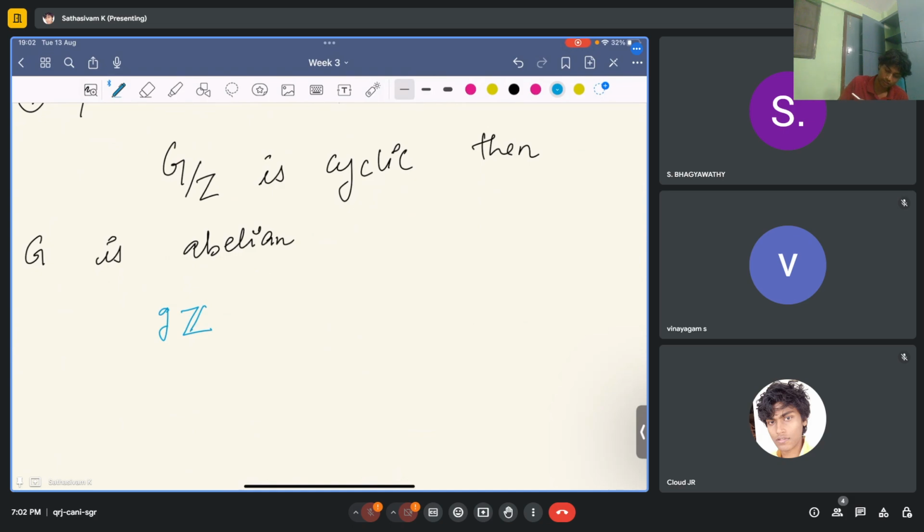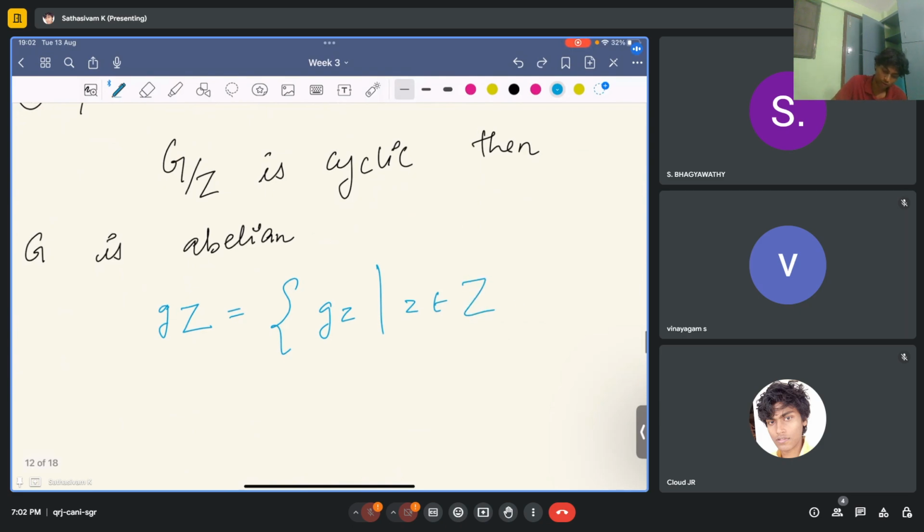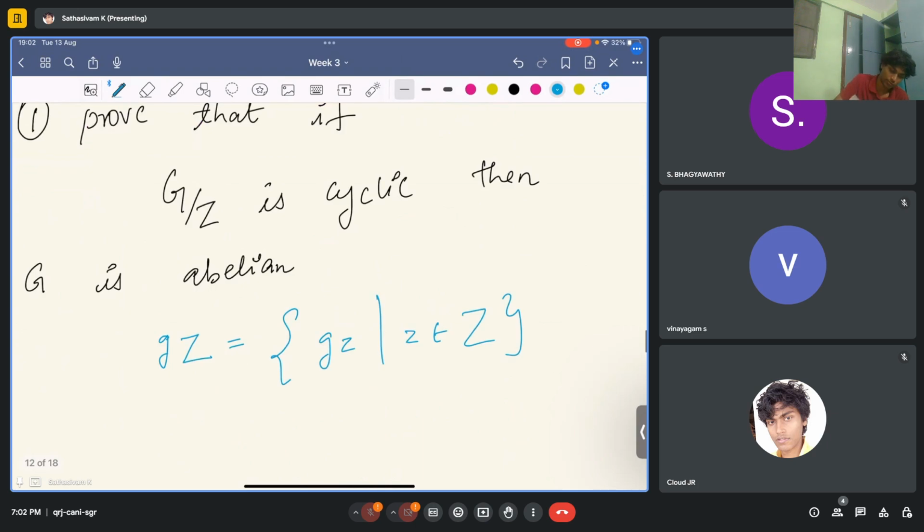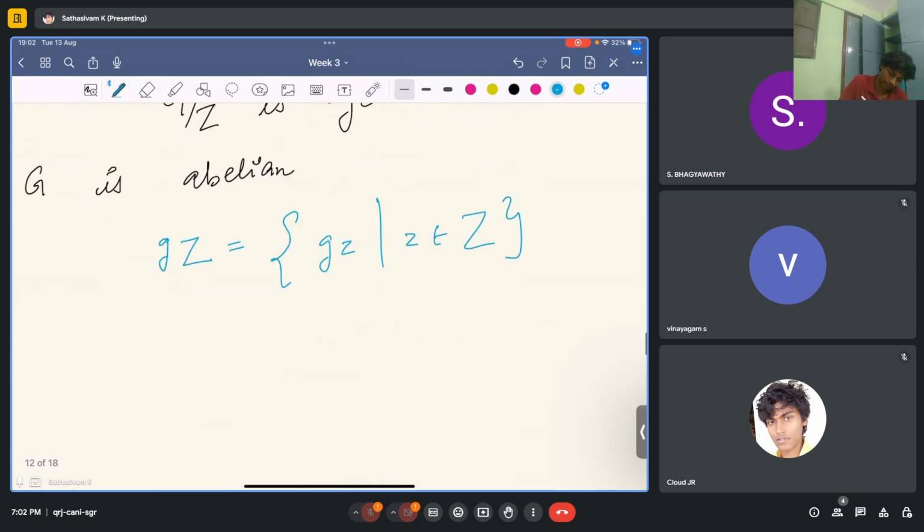The element looks like this: gZ, where g belongs to G. By the way, I'm not sure if I mentioned what Z is. Z is basically the center. The center of G is the set of all elements that commute with every other element.